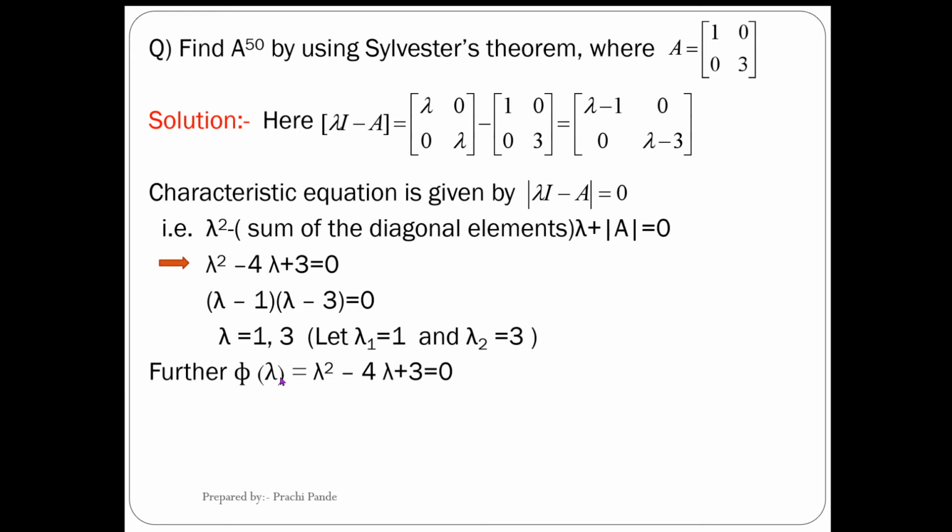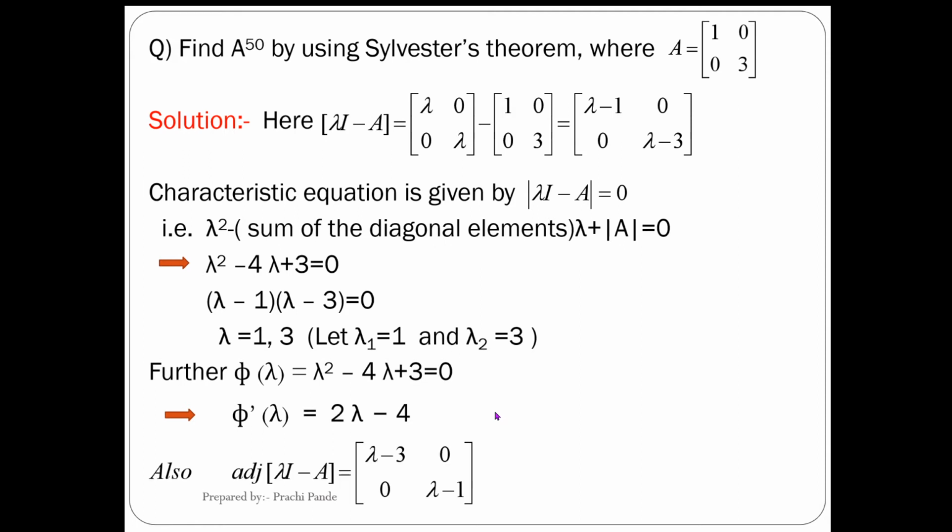Now further, phi of lambda is equal to the characteristic equation, and if we differentiate phi of lambda with respect to lambda, we get phi dash of lambda equal to 2 lambda minus 4. Now find the adjoint of lambda I minus A. The adjoint of a 2 cross 2 matrix can be easily obtained by interchanging the diagonal elements and changing the sign of non-diagonal elements.